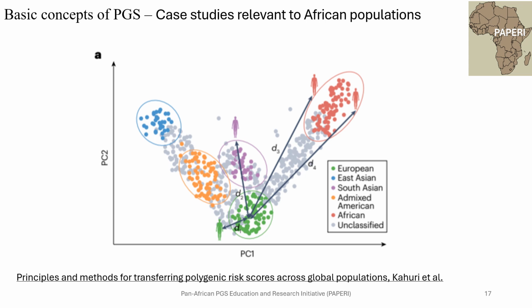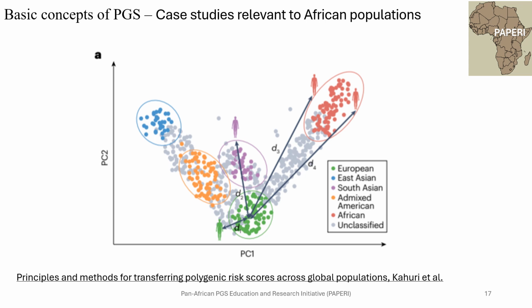This is just an illustration from the article. On axis 1, we have PC1, axis 2, we have PC2, as we normally see this data graphed. And down here in the middle of the green circle, where all the arrows meet, is the population in which the polygenic risk score was developed.